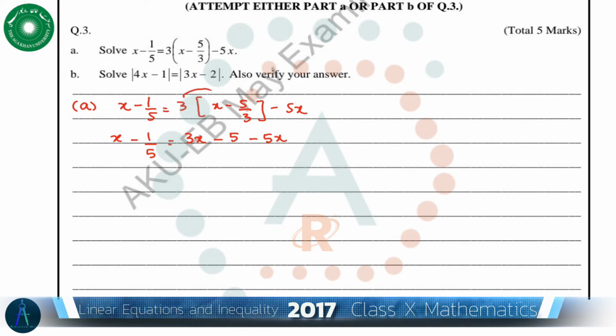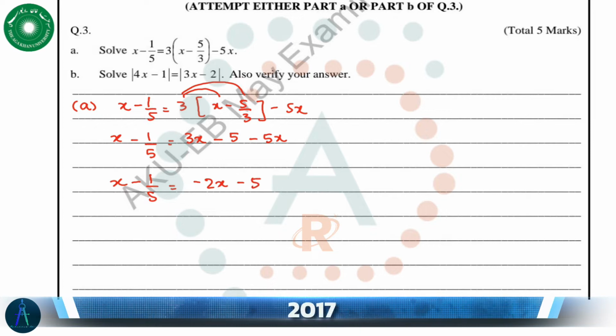So we multiplied this 3 with both terms inside the bracket, then we will get (x minus 1)/5 is equal to 3 minus 5x is minus 2x minus 5.